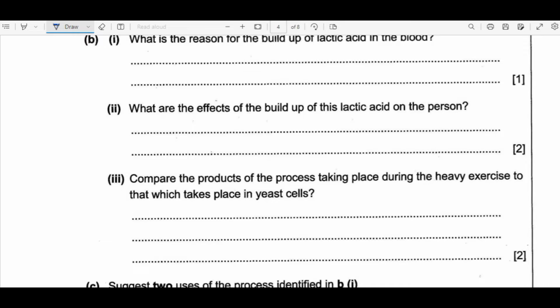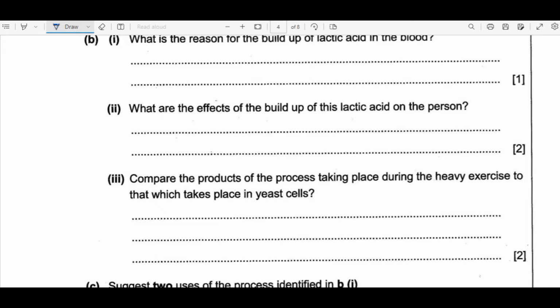And why do we need energy? We define energy as the ability to do work. Each cell has a specific work it does. For that cell to do that work, energy must be there. That energy the cells use to do the work comes from the process of respiration. Now, what happens if someone is doing vigorous work?